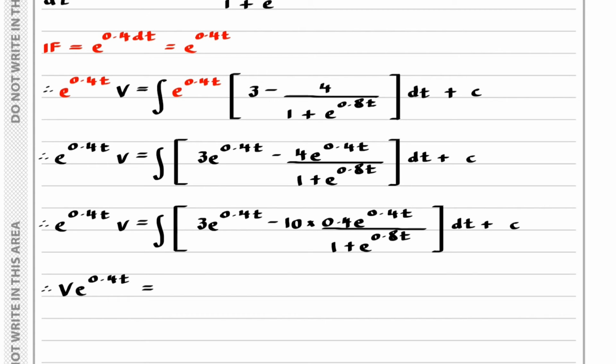Now integrating the 3e to the 0.4t, we end up with 15e to the 0.4t over 2, and integrating negative 10 times this result, we end up with negative 10 times the arctangent of e to the 0.4t, and then we still have this plus c.